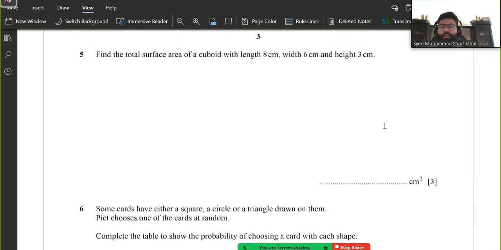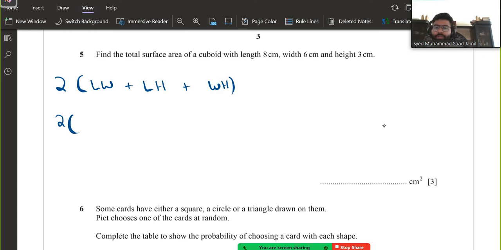Question number 5. Find the total surface area of a cuboid with length 8 cm, width 6 cm, and height 3 cm. The formula is 2 multiplied by LW plus LH plus WH. So just plug in the numbers. 2 multiplied by L multiplied by W is 8 multiplied by 6 plus L multiplied by H is 8 multiplied by 3 plus W multiplied by H is 6 multiplied by 3.